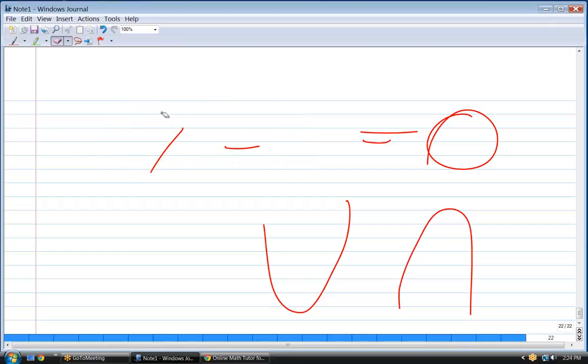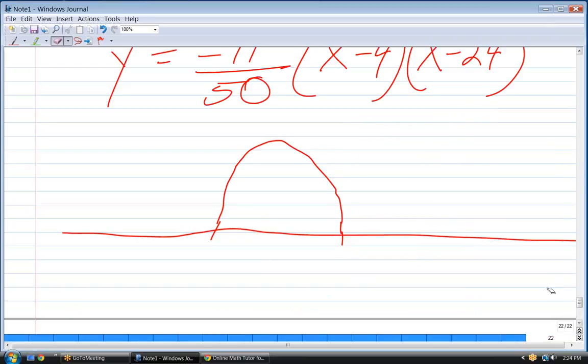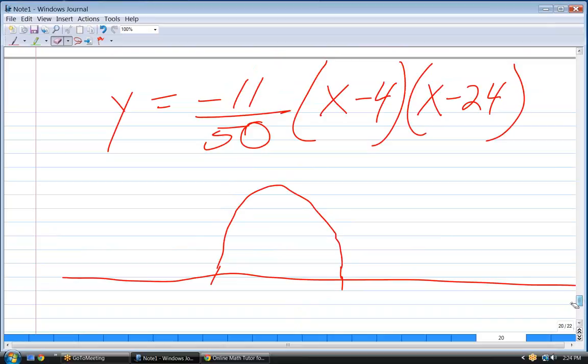Negative 11 divided by 50. That tells us that we're going to have an upside down parabola. Before I see anything else, the moment I see that, I know we're looking at this kind of a parabola, which is fitting because they're talking about a tunnel, and a tunnel is shaped as an upside down parabola.